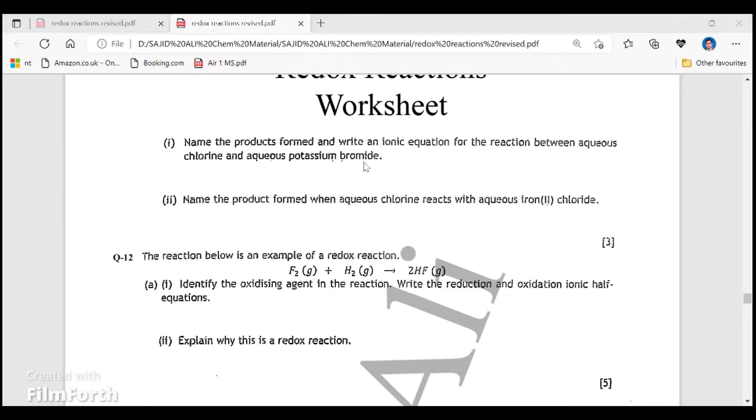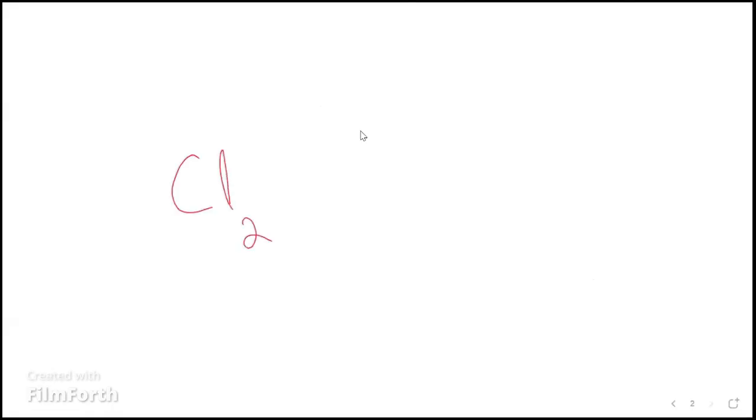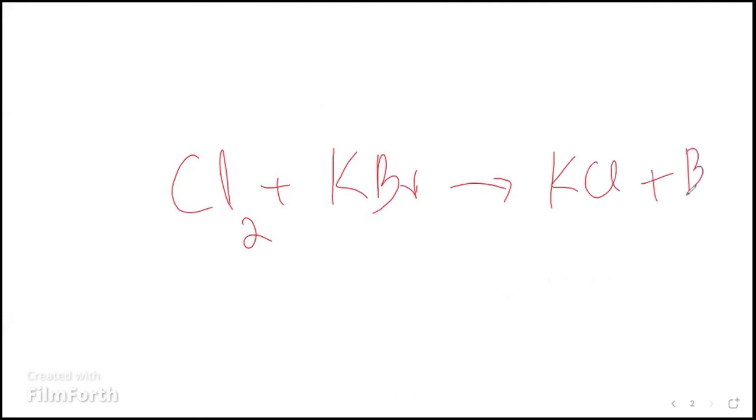Look at this. This is chlorine, this is potassium bromide. It forms potassium chloride plus bromine. This is how to balance this equation. So these are the two products, potassium chloride and bromine.